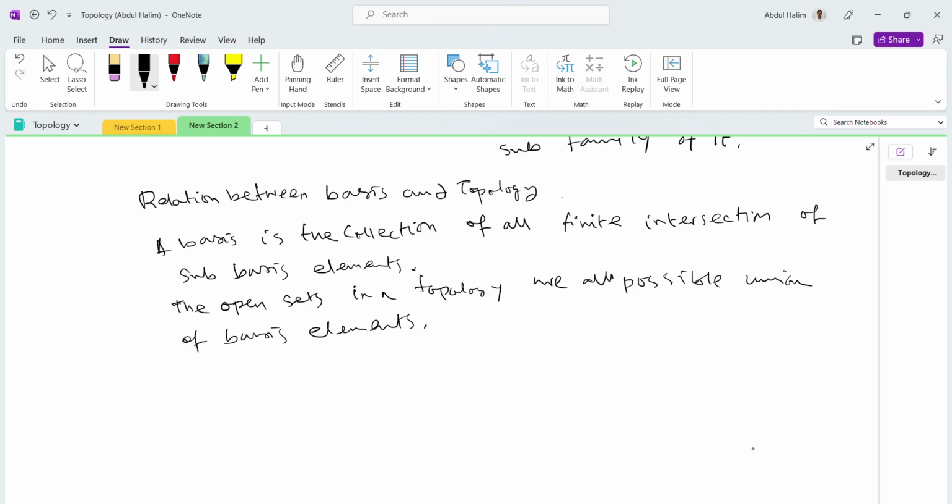That's all. So open sets in a topology are all possible unions of finite intersections of subbasis elements. The next question that may arise: is the basis of a topology unique?